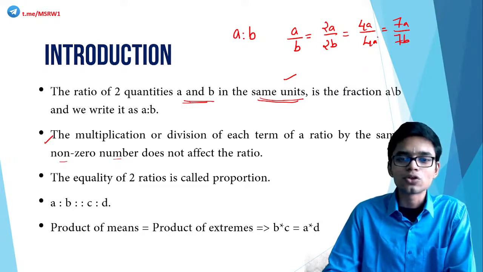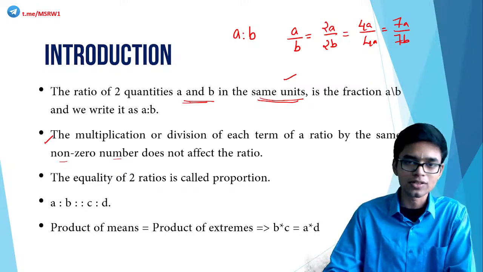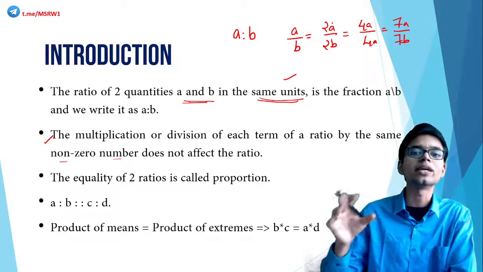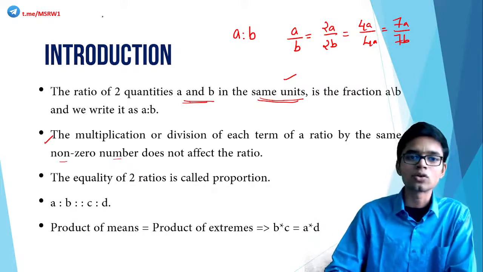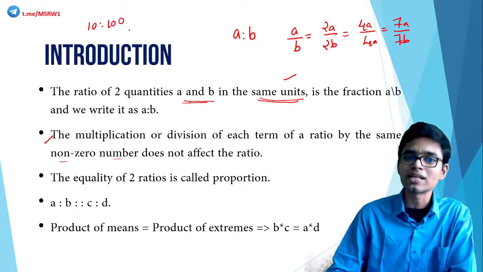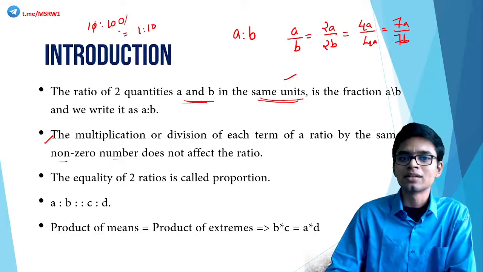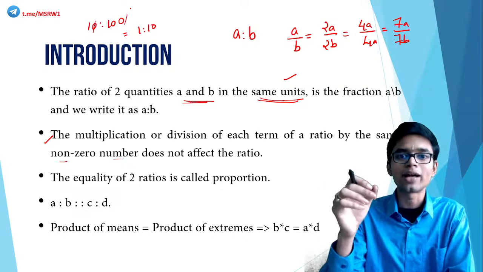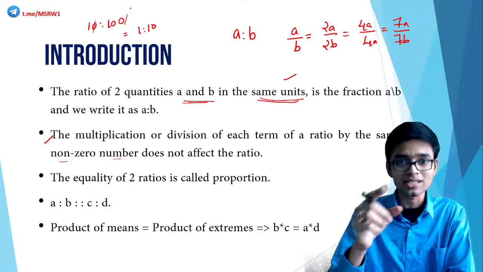So we can multiply both numerator and denominator by the same non-zero number, any number of times, and the ratio will remain constant. Say, 10 is to 100 is equal to 1 is to 10, dividing both sides by 10. So the ratio does not change if the numerator and denominator are multiplied by the same number which is not 0.